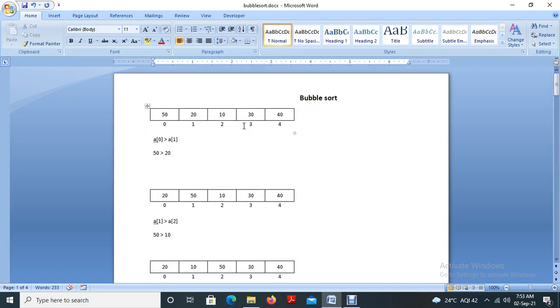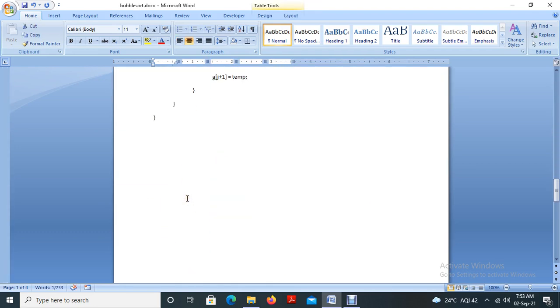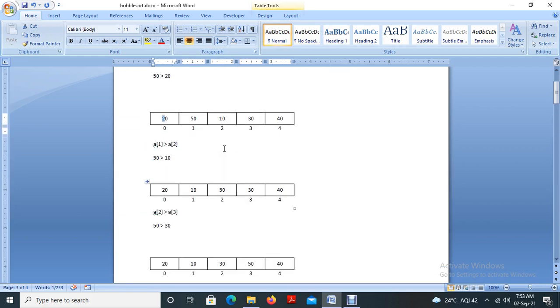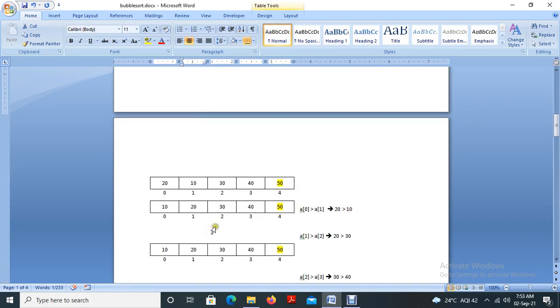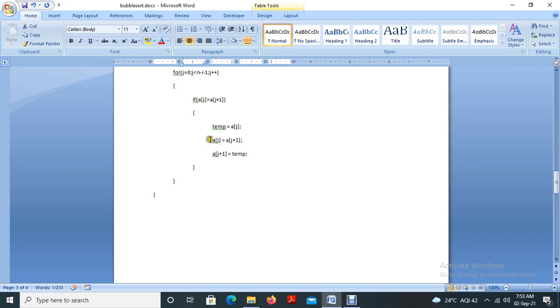So instead of 50, I assigned 20 there. That is why 20 is here. Then after that, a of j plus 1 equal to temp. So a of j plus 1 is a of 1, equal to 50. So this is the way that we are interchanging the values, that is, swapping. We are interchanging the values with the help of a temporary variable.